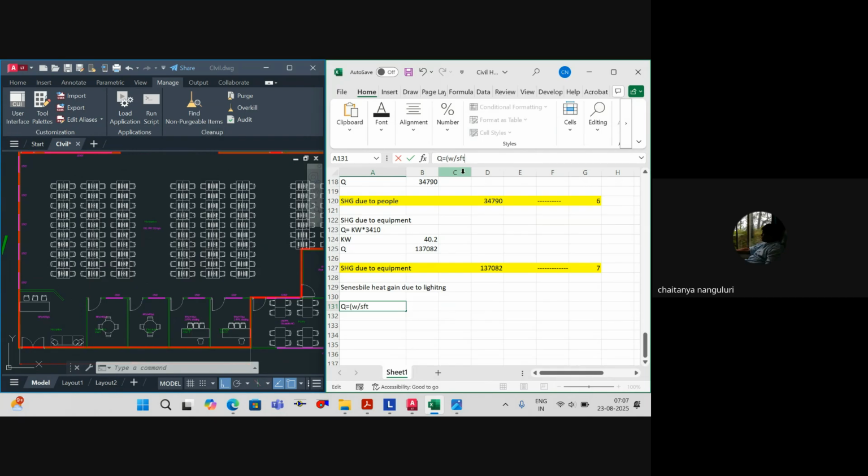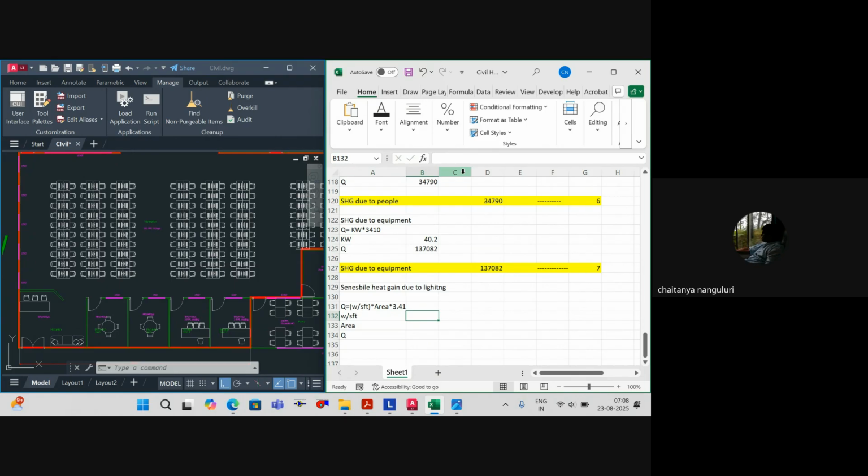But you will not have it, so that's the reason, into wattage per square feet into area into 3.41 will directly give you. You agree? So wattage per SFT, according to the type of lighting you will take it, area, and then you will get the Q factor directly.